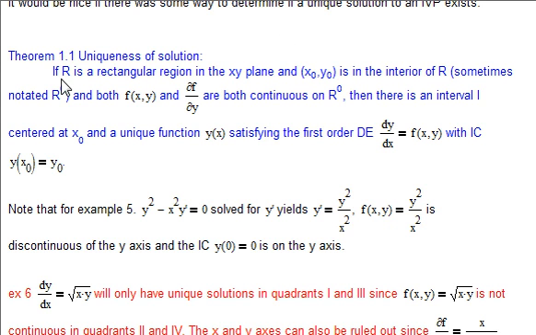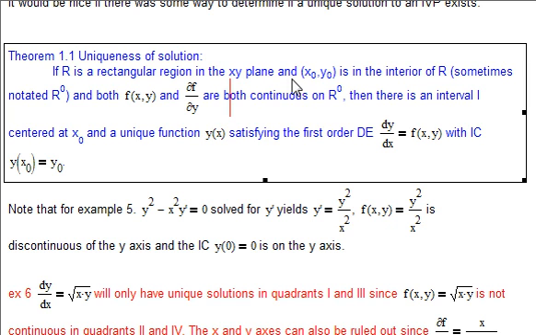So here's the story. If the region R, which is a rectangular region in the xy plane, and x sub 0, y sub 0 is in the interior of R, that means it's not on the border. Sometimes you notate that R with a little 0 power, but that means R without its border.